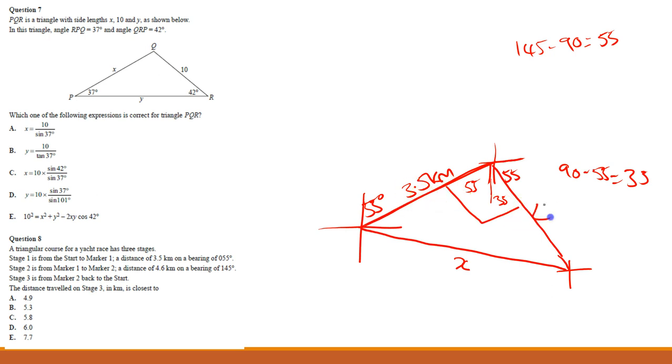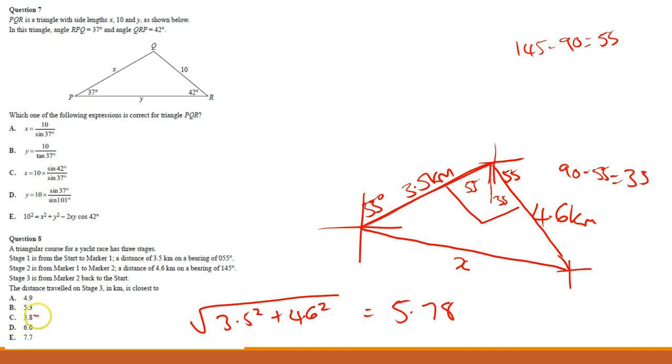Oh, and remember this distance was 4.6 in the question. Right angle triangle to find that. Then if you've got a good diagram, it's pretty simple. You can use Pythagoras theorem. Put that in the calculator. 5.78. And the answer is C. 58% of the state got that correct.